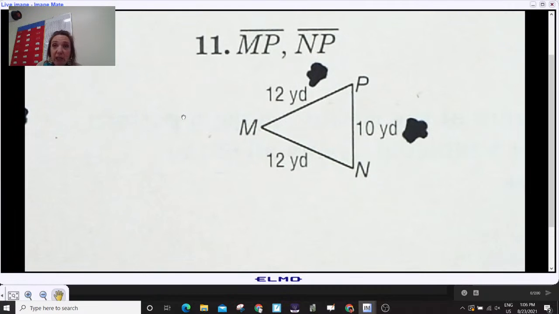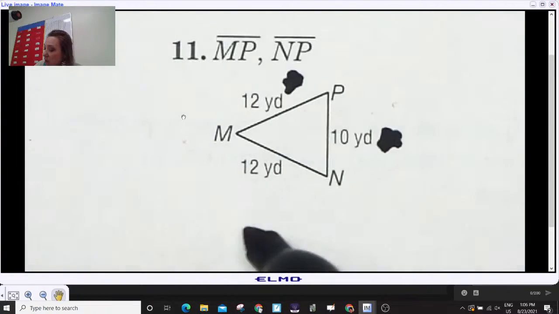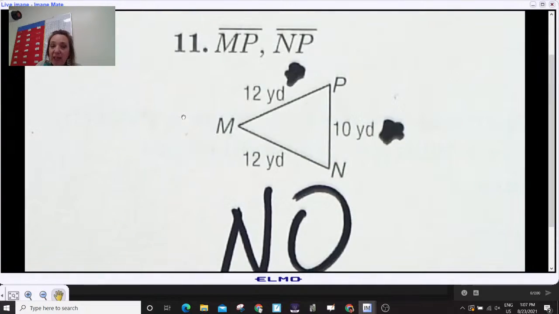Do they look the same? Yes, they do. Can we go by looks? No, we cannot. Okay, are there segments on here that are congruent though? Yes. Which ones? MP, right? Those are the congruent ones. So our answer here is big fat no.